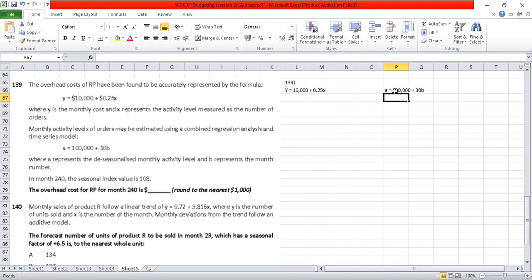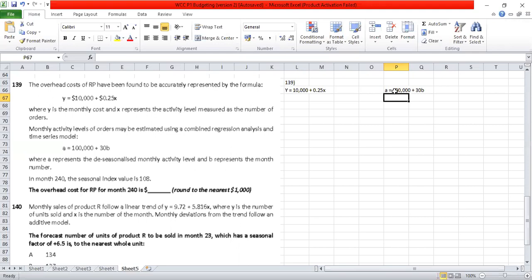A represents the deseasonalized monthly activity level, with no seasonal variation included, and B represents the month number. So B is the number in month 240. The seasonal index value is 108.